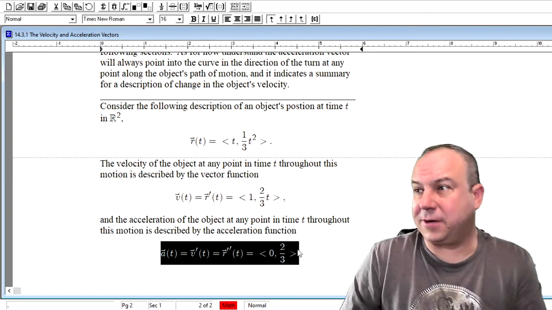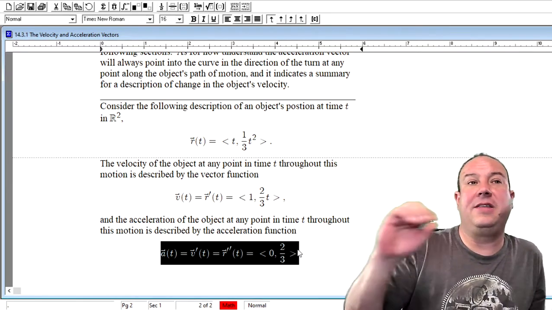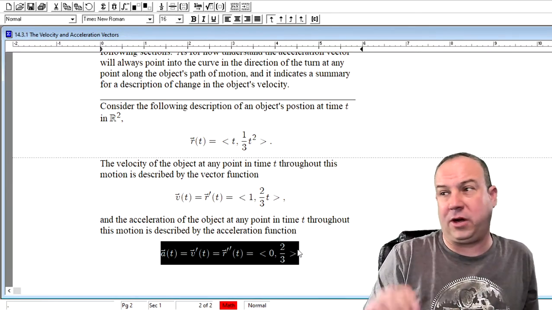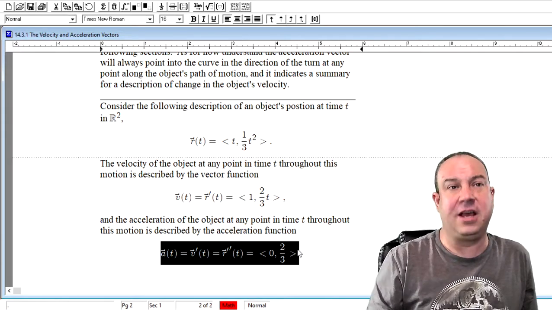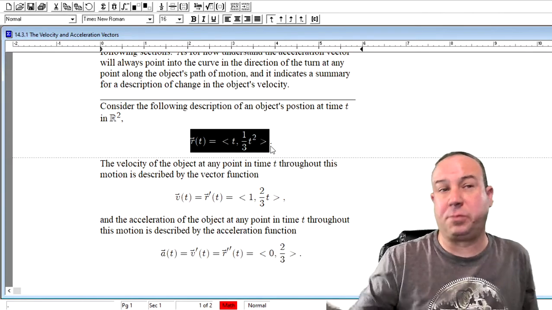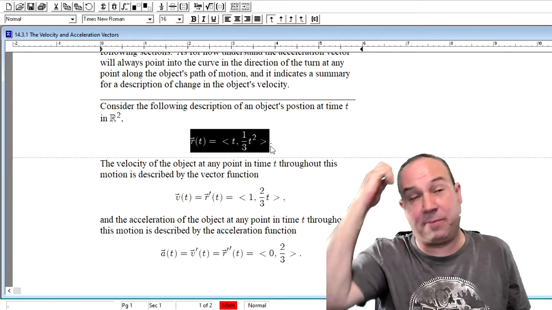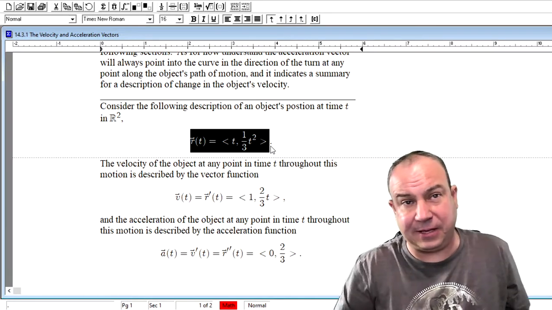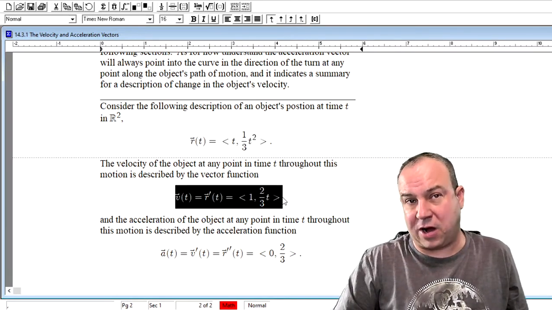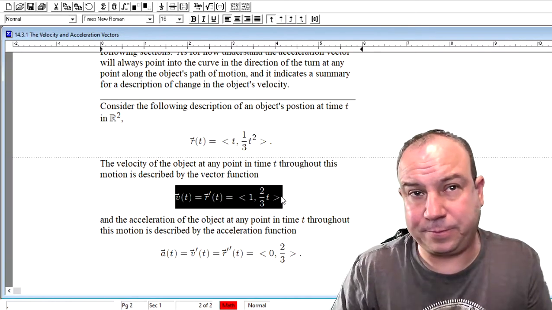And this vector here describes the acceleration at any point in time t for an object whose position at time t is described by r bar of t, and whose velocity is described by this vector seen here.